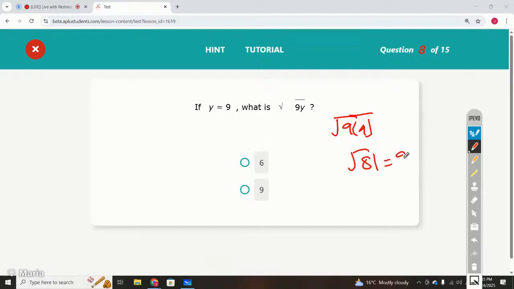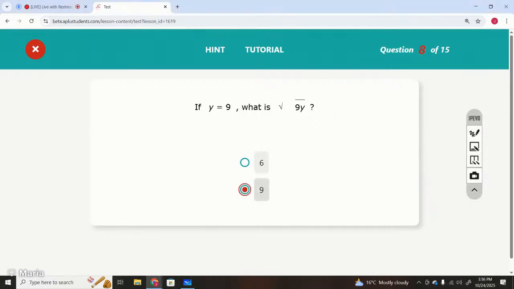That is square root of 81 equals 9. That is 9.